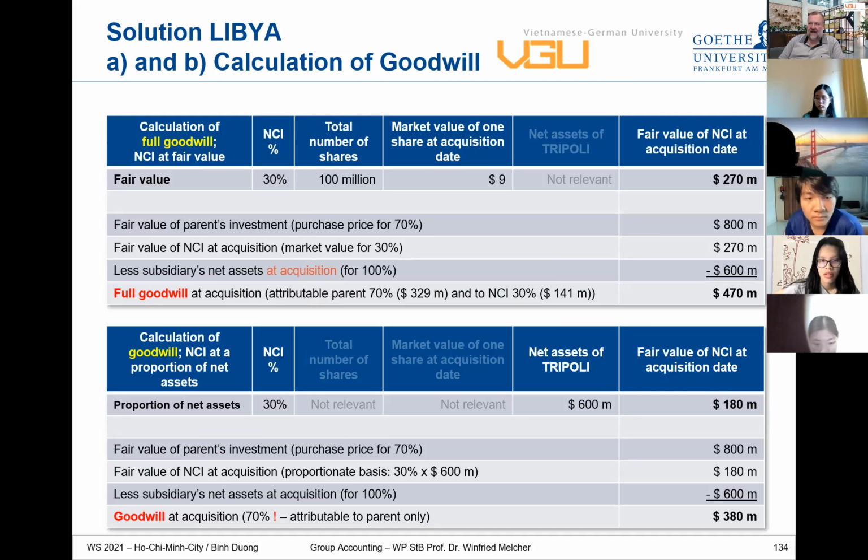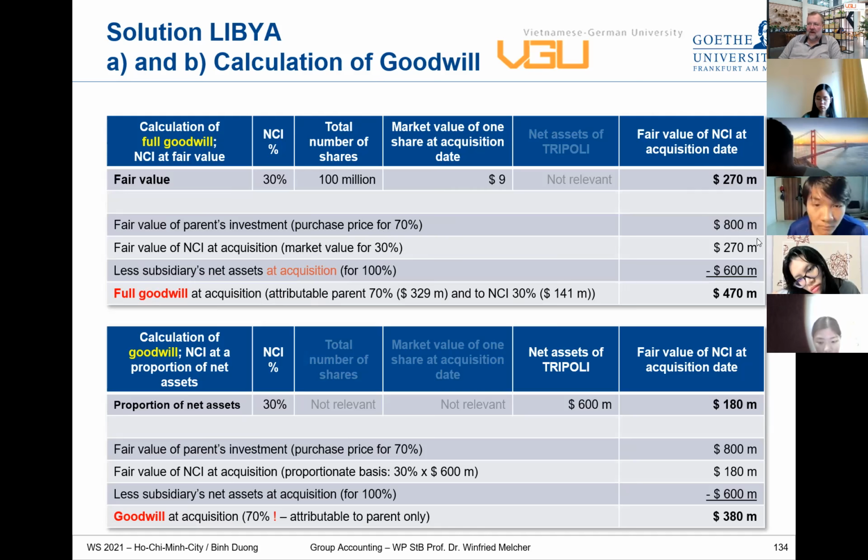So we will take that one. We will take the 800 for that 70%. And for the remaining 30%, well, that is the NCI's share, we will take that 270 million we just have calculated.